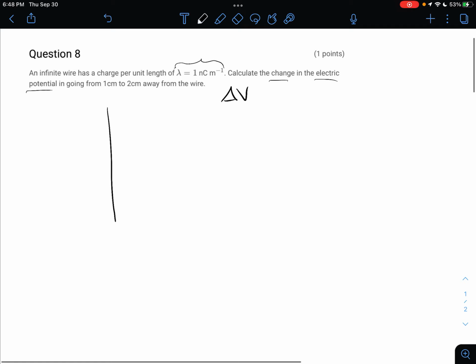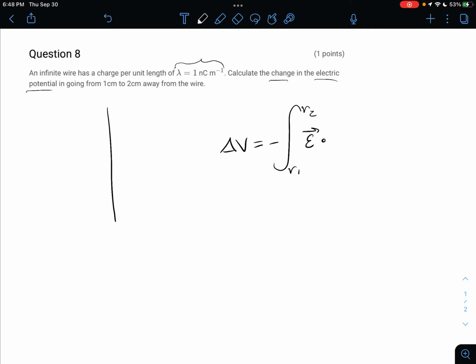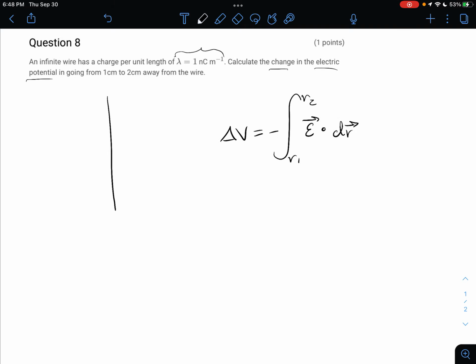So if we look at our equation for delta V, it's just our equation for potential energy, but with the Q divided out, with that extra charge divided out. So it'll be from R1 to R2, the electric field dotted with dr. Since it's just the wire, it's going to have cylindrical symmetry.